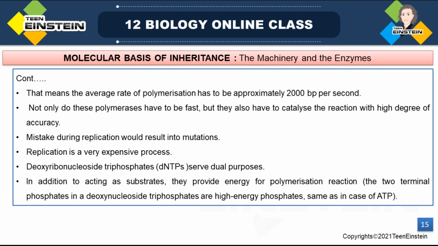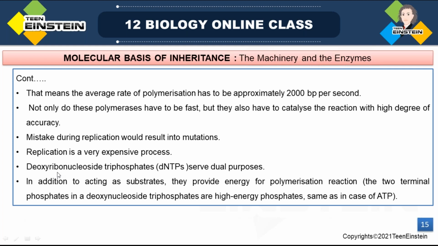During replication there is a chance of mistakes, and these are called mutations, changes in the constitution of the genetic material.